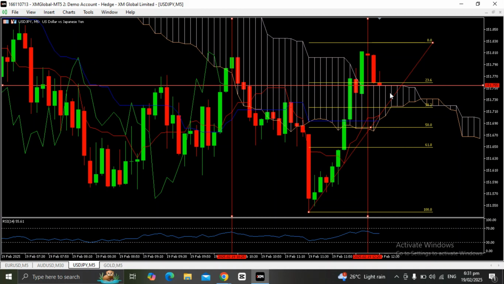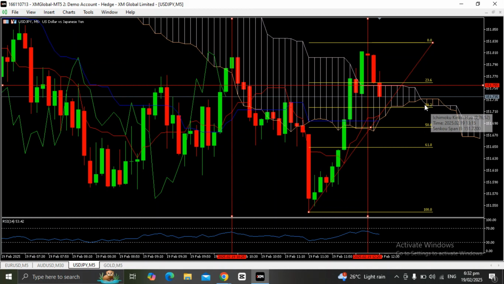So again, these are your supports: 23.6, 38.2, the 50, which is a psychological support, 61.8, and 100. These are not prices, but these are the percentages of this Fibonacci retracement level.